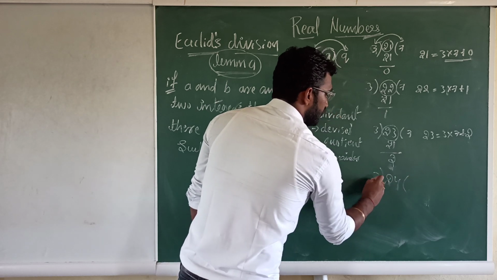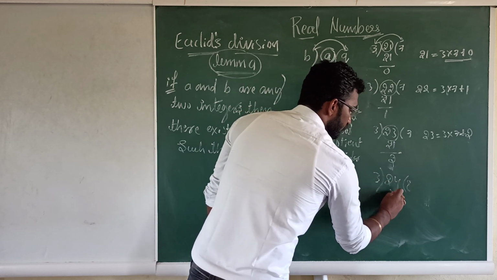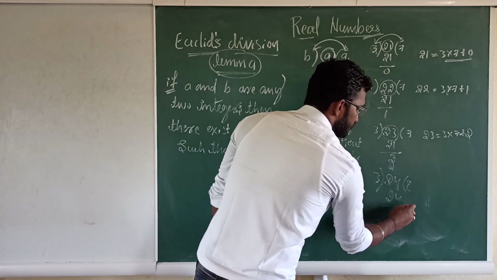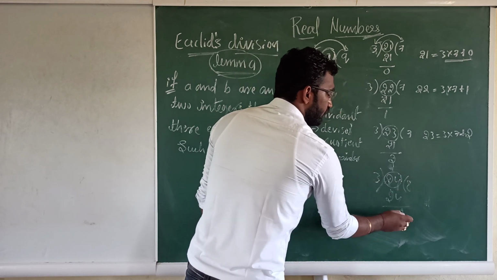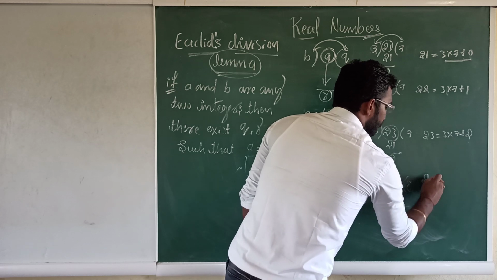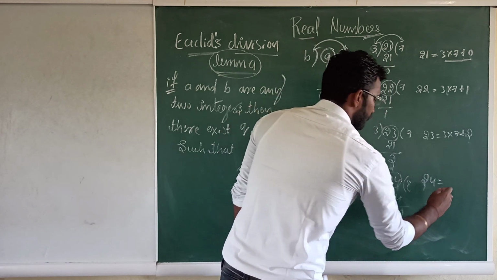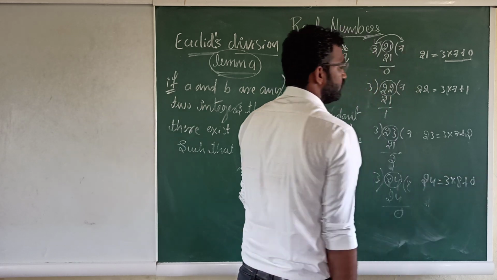Here 3 eights are how much? 24. What is the remainder? 0. How are we going to write it again? 24 equals 3 into 8 plus 0. Therefore 24 is equal to 3 into 8 plus 0.